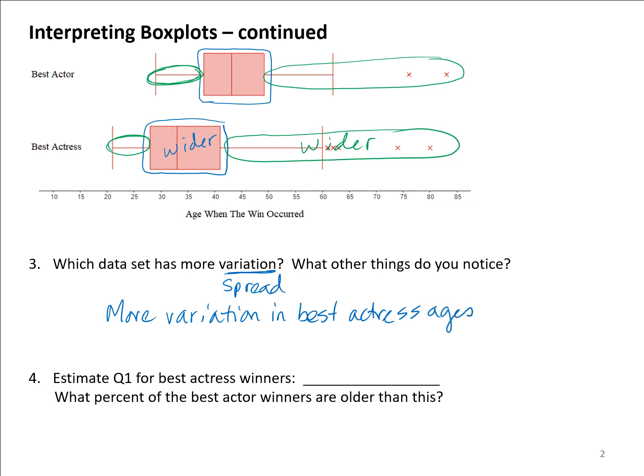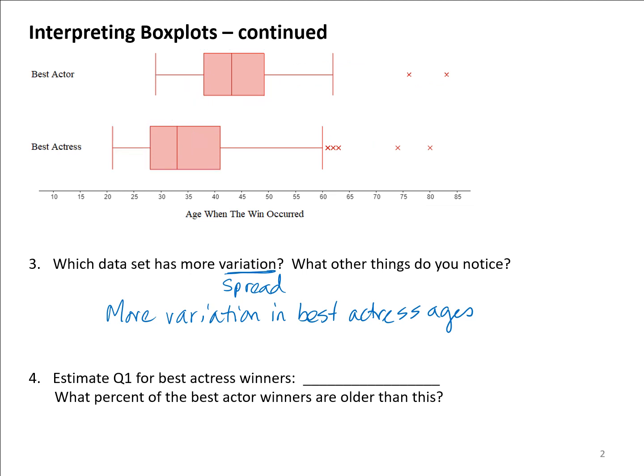Other things that you may notice here. In general, the best actress winners' ages are much lower. They tend to be lower than you see for actors. If you compare the minimum ages, we have something just above 20 for best actress, whereas the minimum age for actors is in the high 20s.